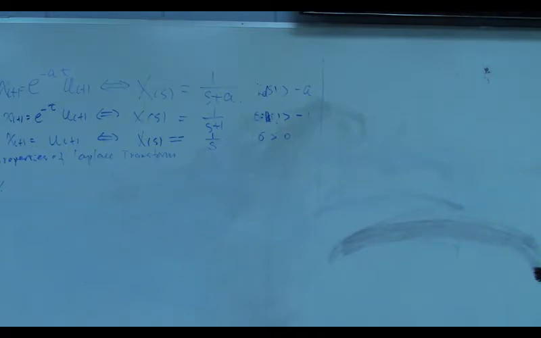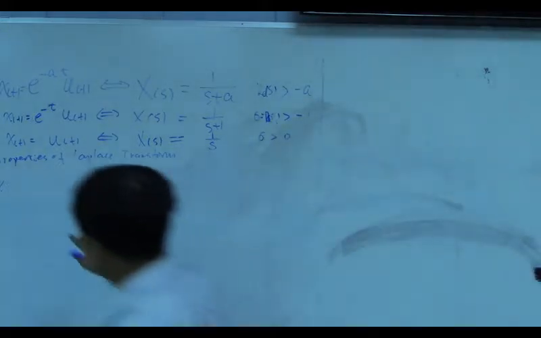Multiply the t by some constant, right? What's the fourth one? Multiply by a power of t, right? Times t or times t squared. What's the fifth one? Multiply by a complex exponential. Okay, so this one will be the sixth, right?